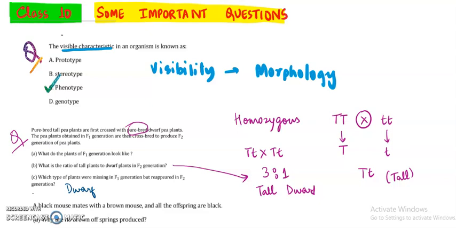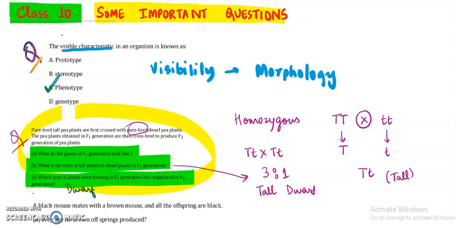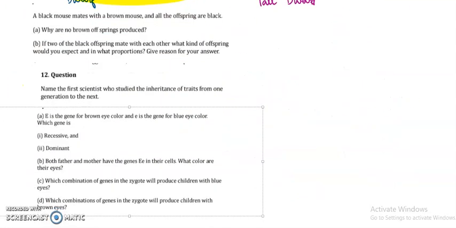But homozygous recessive condition was present in the F2 generation. That's why dwarf character was seen, right? So make sure you write the right explanation to each question that has been asked. So part A, part B, part C should be labeled neatly and then you should solve them, right?